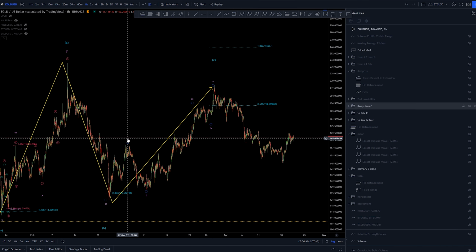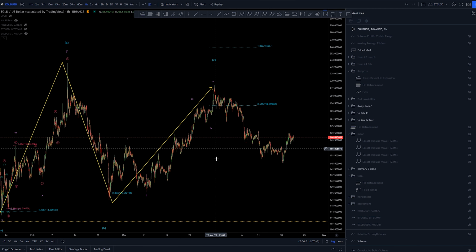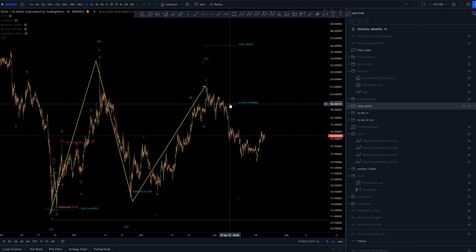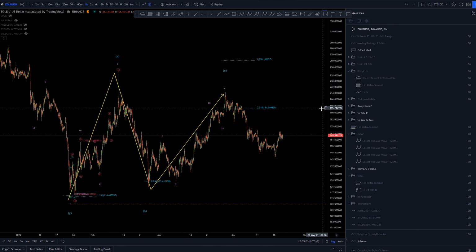And that brings us to 1, 2, 3, 4, 5 up here and ending the C. Again, C would be super short, but would be possible as it has crossed the 0.618 extension.